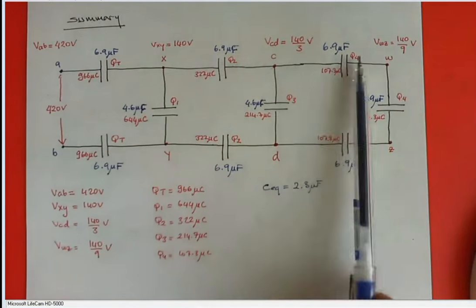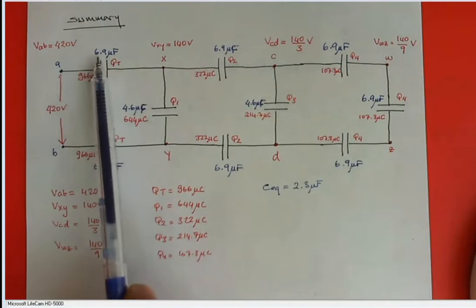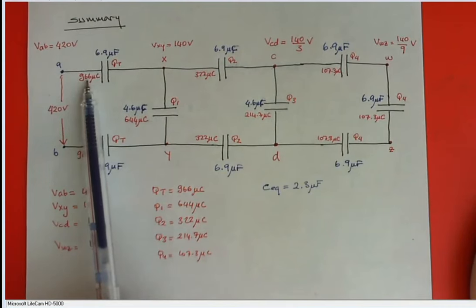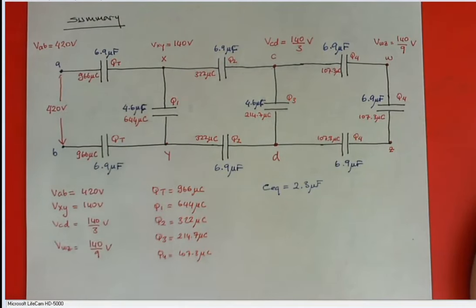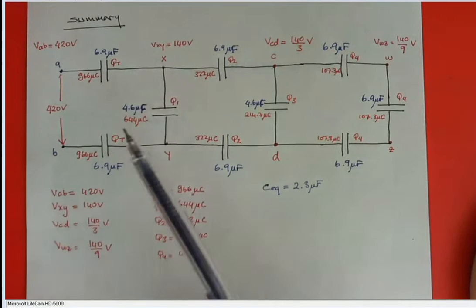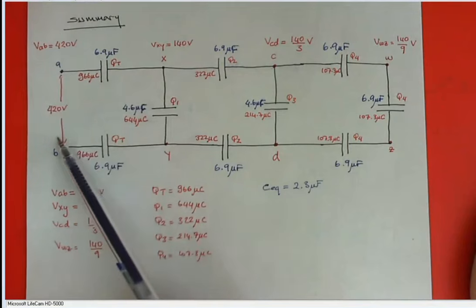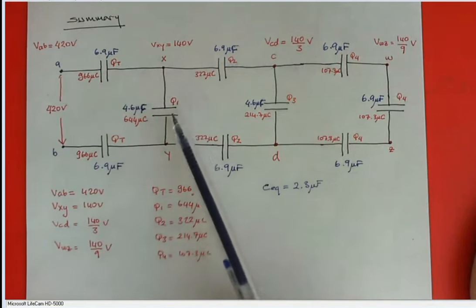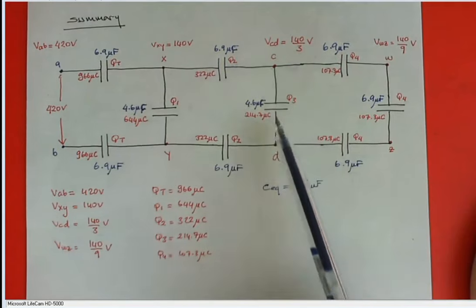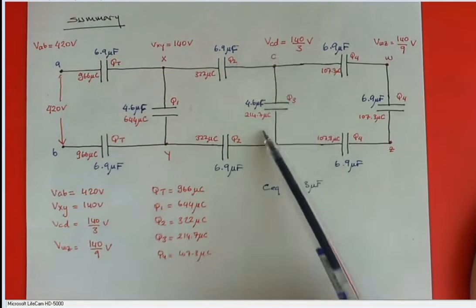In this picture, I put in every capacitance value and charge value, and also the potential between two points. For example, this is 420 volts. The potential between these two points is 140. The potential between these two points is 140 divided by 3, which is VCD.